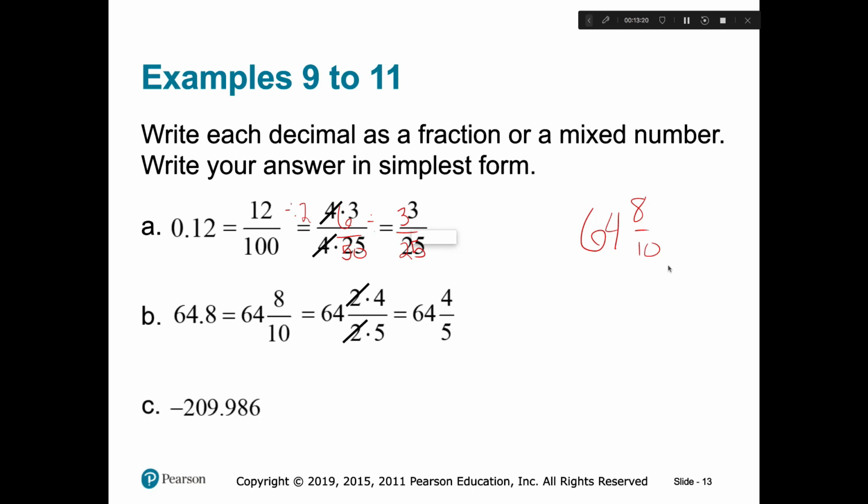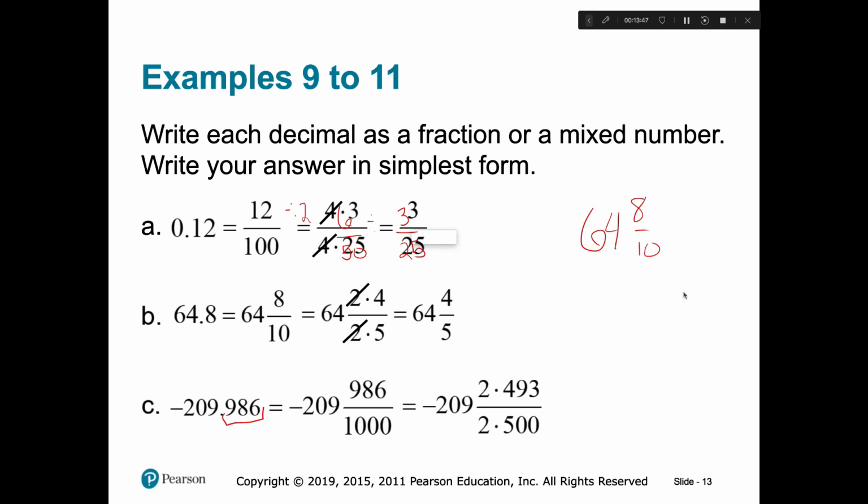Last one, a negative 209 and 986 thousandths. Negative 209 is our whole number. 986 gets put over 1,000. Then we have to figure out what they can be divided by.